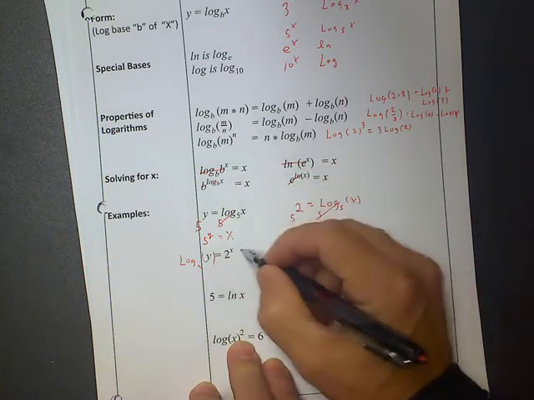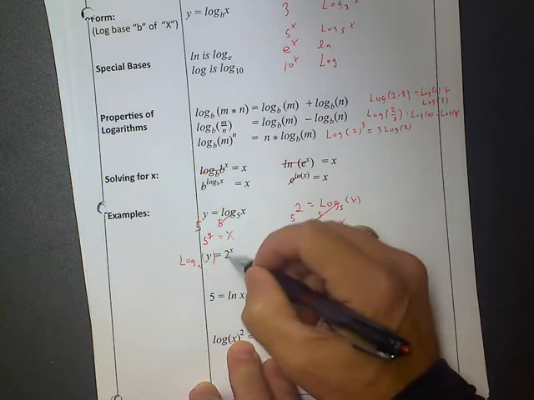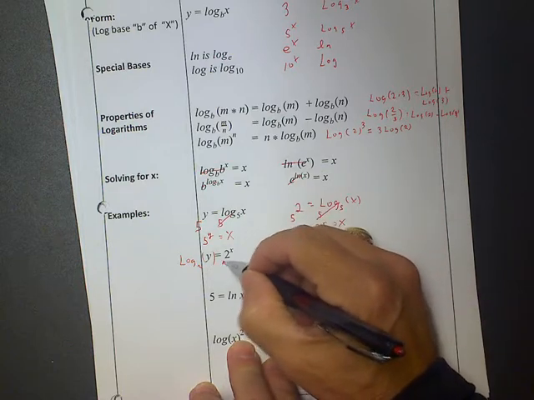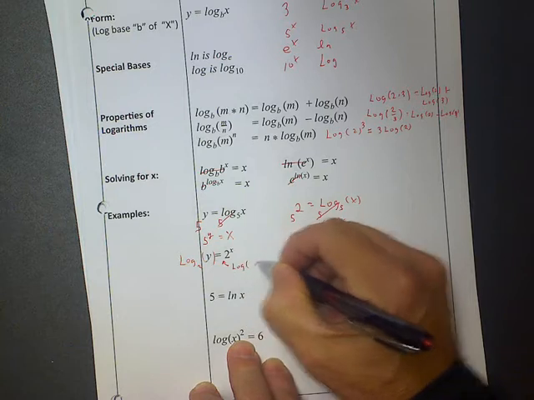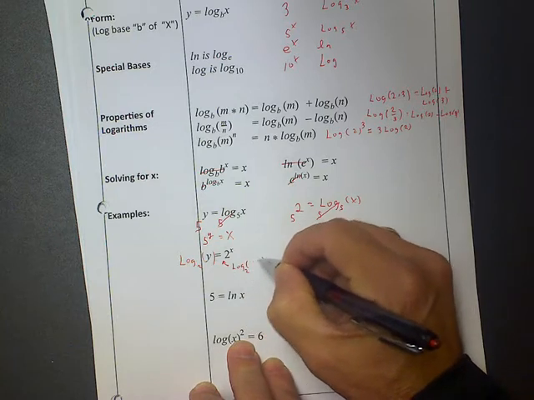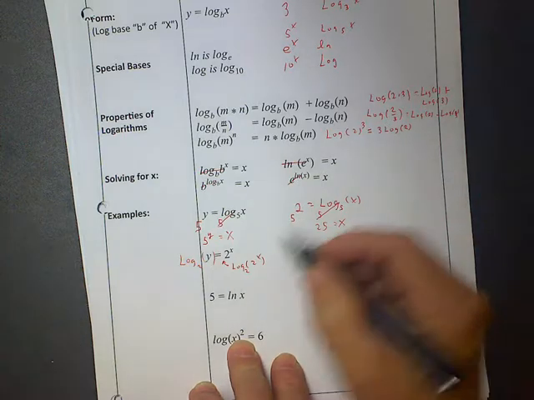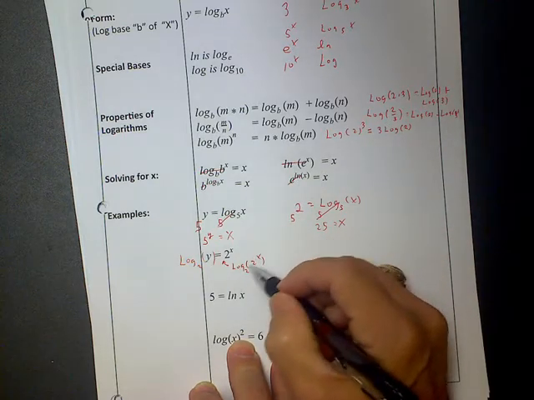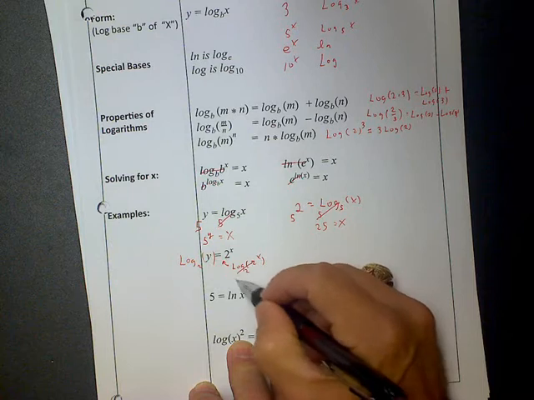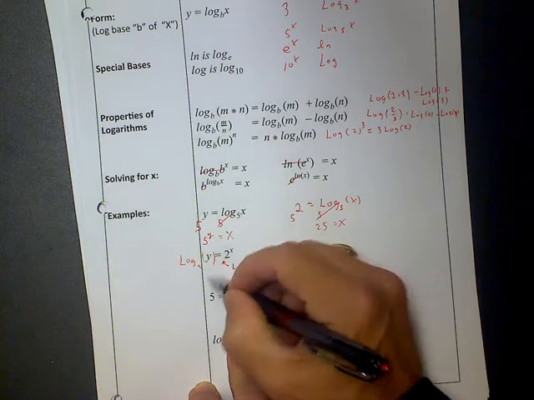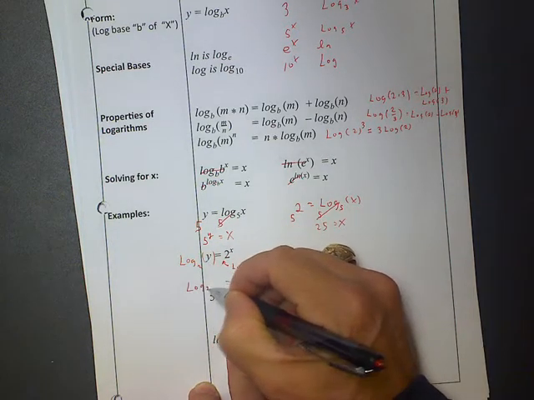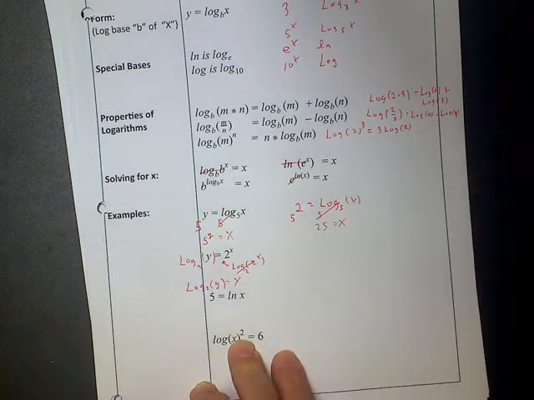And log base 2 of 2 to the x. And log base 2 and the 2 are going to cancel. So x is going to be equal to log base 2 of y.